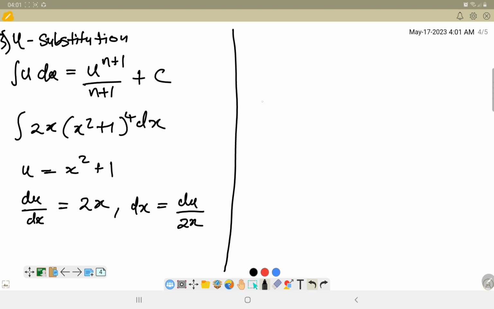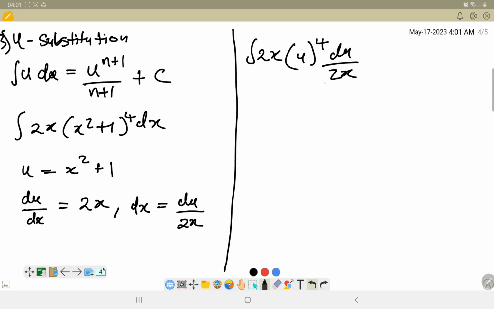Then we can substitute back into our problem, which was the integral of 2x. Instead of writing x squared plus 1, we replace it by u to the power 4. Then we also replace dx by du over 2x.